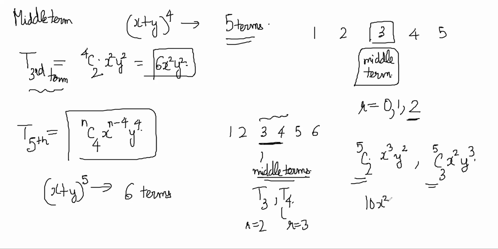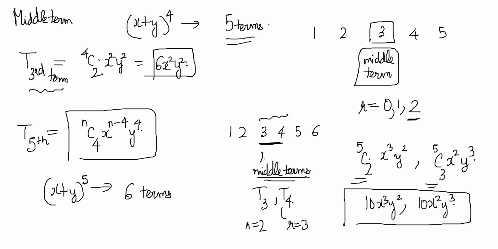So both these terms are called middle terms in this case. So that is the concept of middle term. In situations where the power is even, there is only one middle term, and when power is odd, there are two middle terms. That is some straightforward stuff.